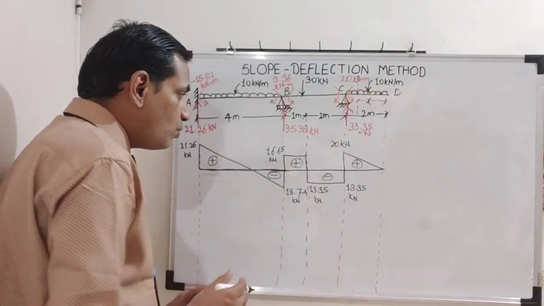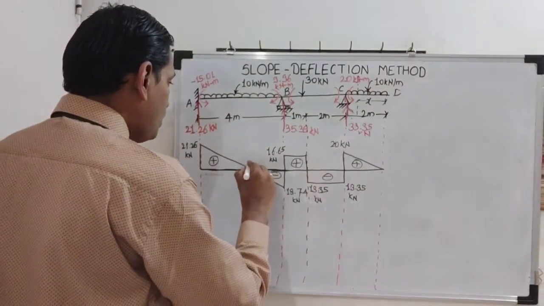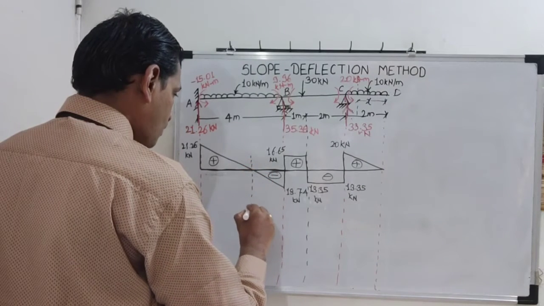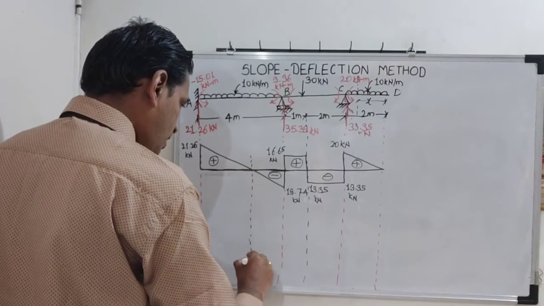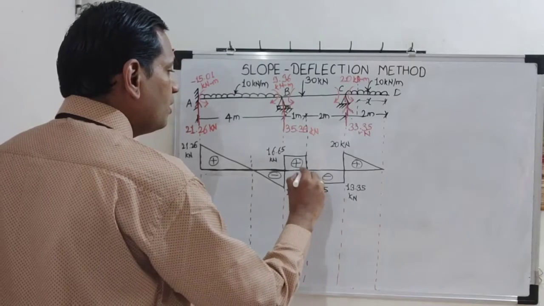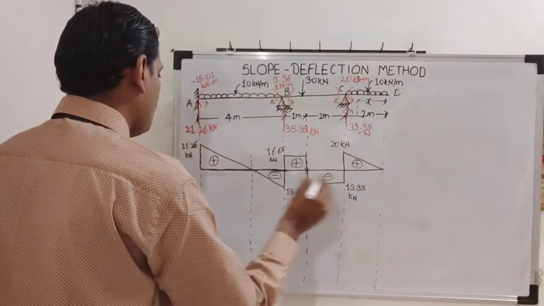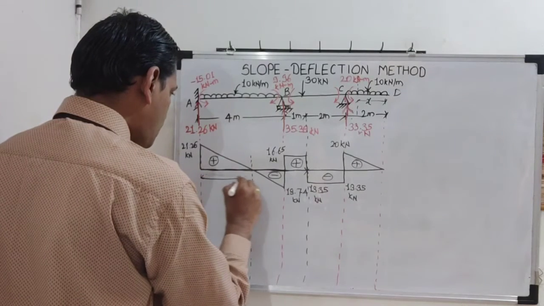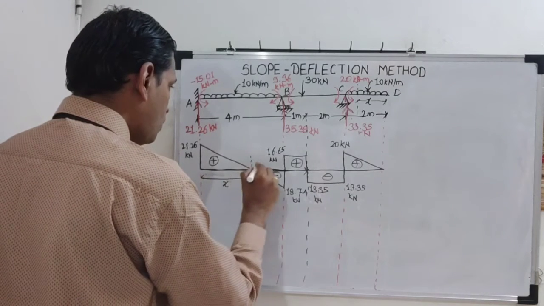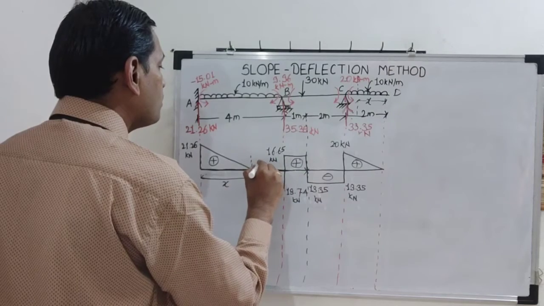Okay. So where are our points of zero shear force? One is here. So here we need to find additionally the bending moment. Here and here we already know. So we will just assume this distance as x. So how much is this? 4 minus x.